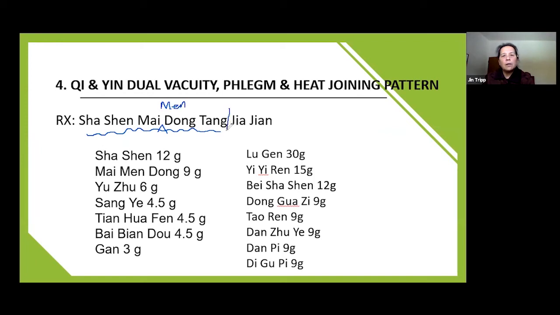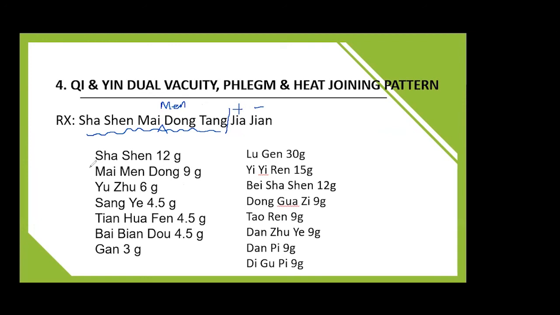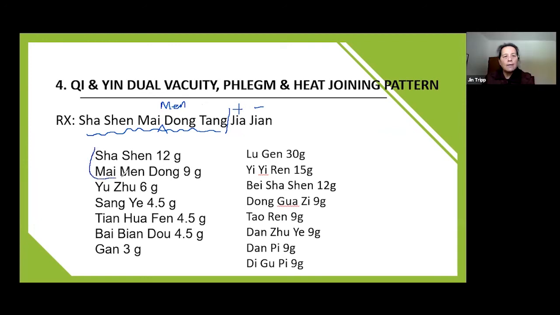And still modified, plus some herbs. So the main herbs 沙参麦门冬 are nourishing yin or tonifying. And plus 玉竹, still nourishing yin and tonifying.